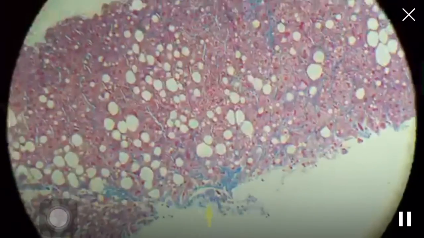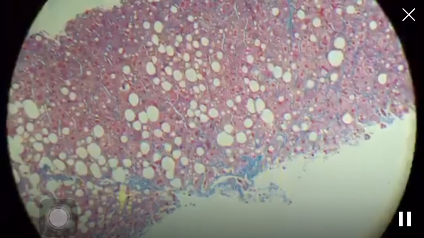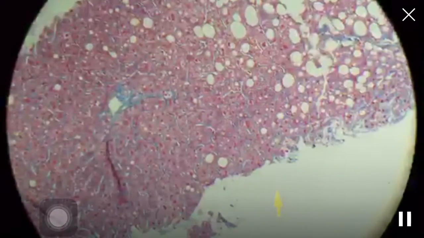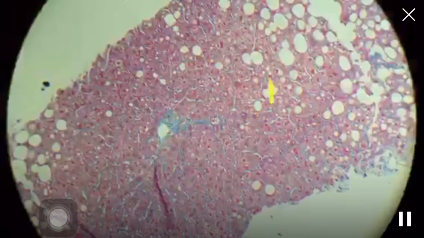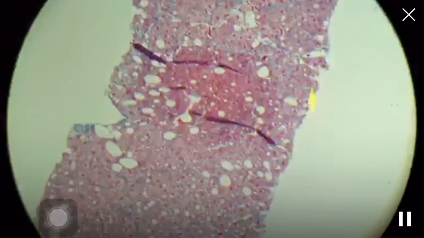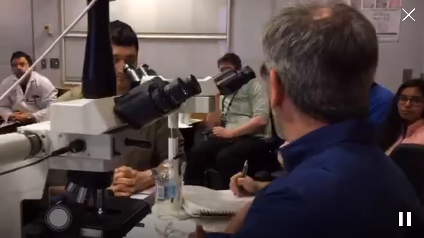But it's pretty much all in zone 3. It's around the central vein. It stays confined to where the fat is. And there's the portal tract, totally uninvolved. Okay? So, features of fatty liver disease, question mark alcoholic versus non-alcoholic, with mild to moderate steatosis, steatohepatitis absent, steatofibrosis zone 3, pericellular fibrosis.